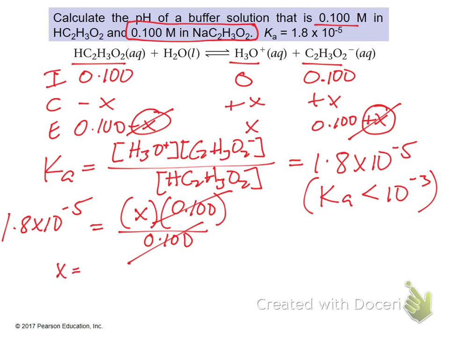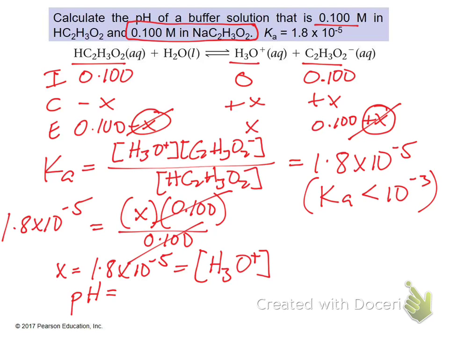So x here is equivalent to 1.8 times 10 to the negative 5, which is basically the concentration of the hydronium ion. Right? And now you can find the pH of the solution by plugging in this value in the equation. pH equals negative log of 1.8 times 10 to the negative 5, and that gives us 4.74.